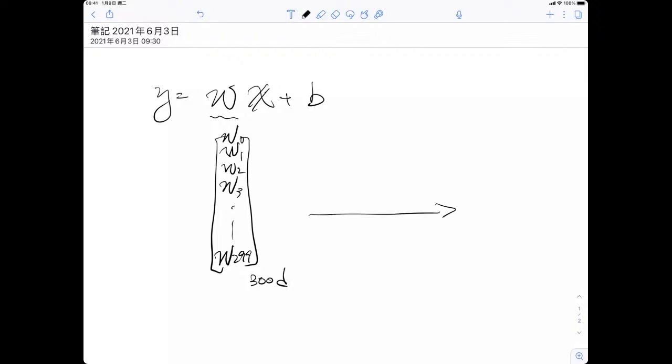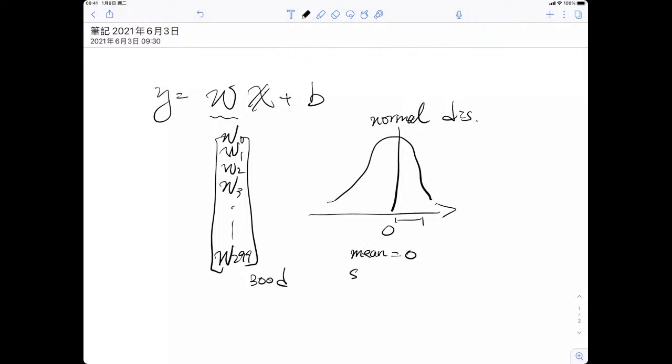Usually TensorFlow or Keras simply use a normal distribution, a very simple normal distribution whose mean value is 0 and whose standard deviation is 1.0.